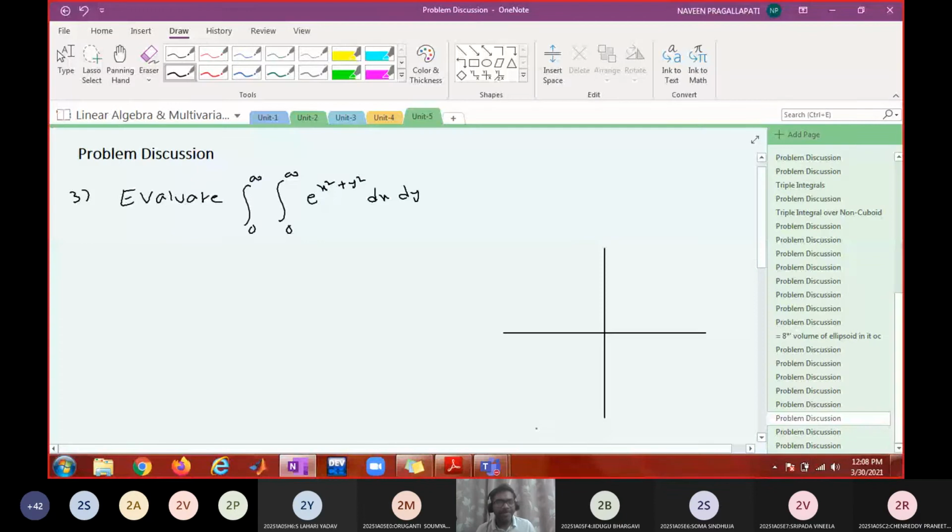I'm asking you to tell me the region of integration for this integration. First quadrant. X varies from 0 to infinity, y varies from 0 to infinity. That means it is entire.